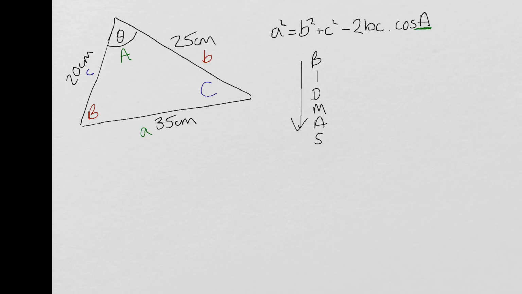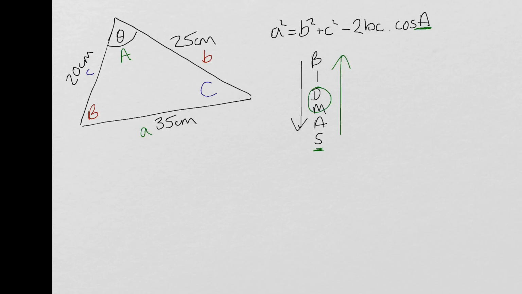When you're rearranging, you basically need to unpick this in reverse order. So whatever was getting added or subtracted, we're going to rearrange first and then deal with the multiplications and divisions later. So if I want to rearrange this equation to make A the subject, I'm going to do it in the following way.